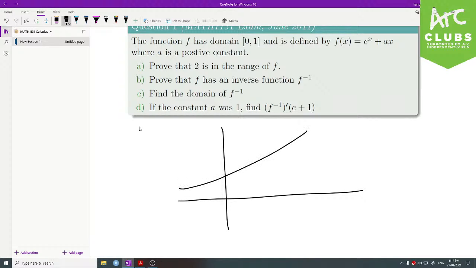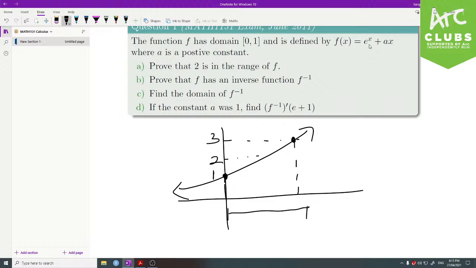This function here is continuous, and if we have the point 2 here, where let's say this point here is 1 and this point here is 3, for example, if this function is continuous and we want to prove that 2 lies within this domain from here to here, it would be good if we could prove that the lower bound here is a value less than 2 and the upper bound here is a value greater than 2, because then that means via the intermediate value theorem that 2 must lie within this portion here.